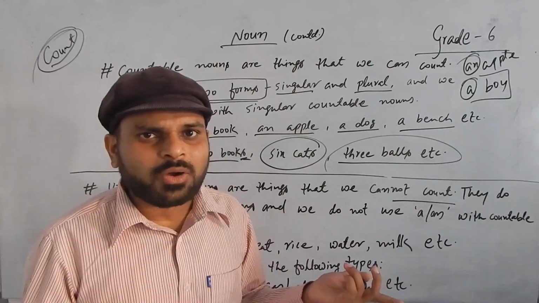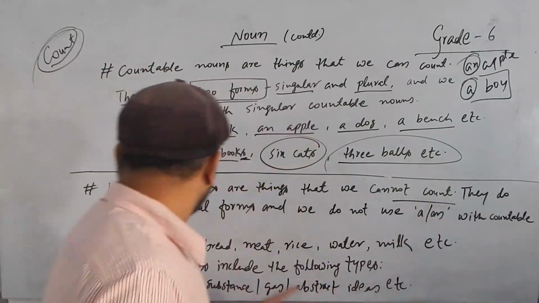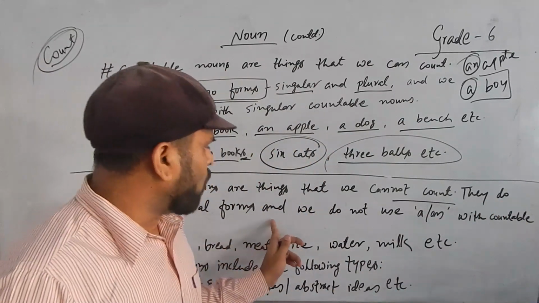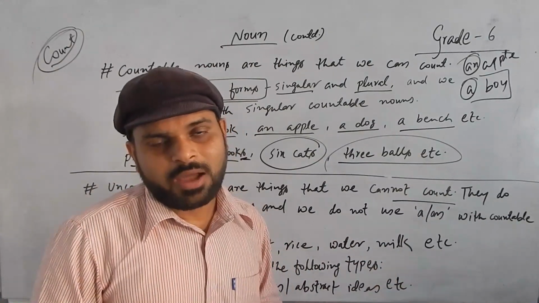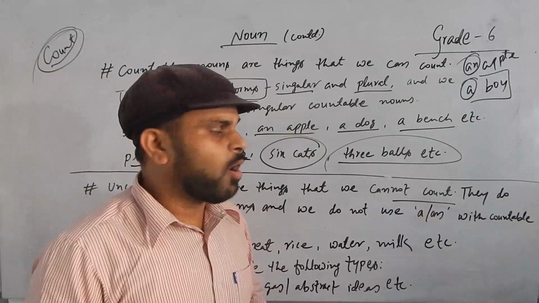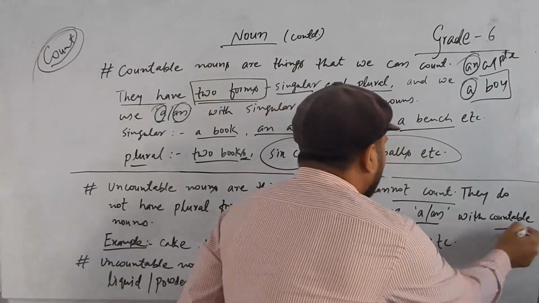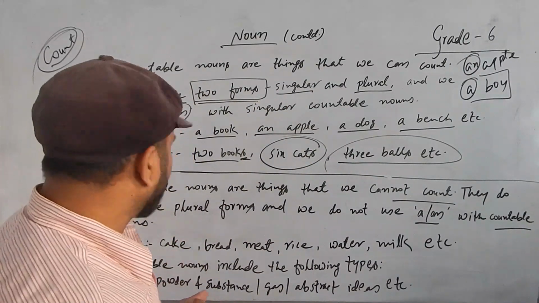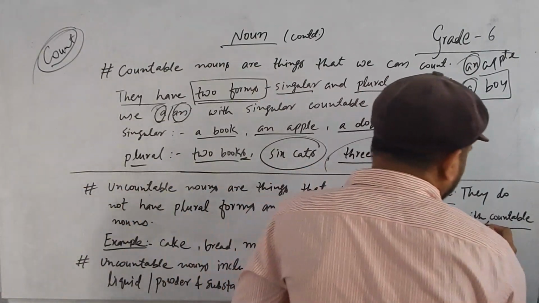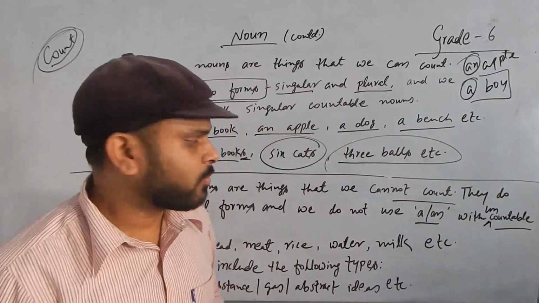They do not have plural forms. And we do not use a and an with uncountable nouns.